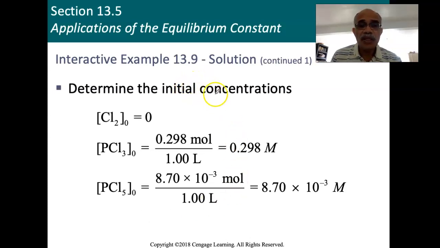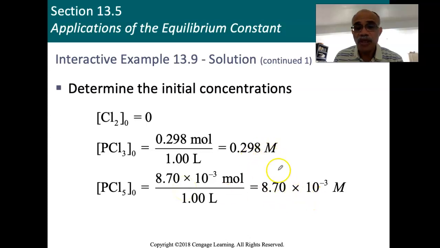So let's just look at the initial concentrations. So here we have chlorine 0 and phosphorus trichloride. Now we have to convert these to concentration, so moles divided by the volume, and the volume is a liter, so that makes it easy because it's only divided by 1.